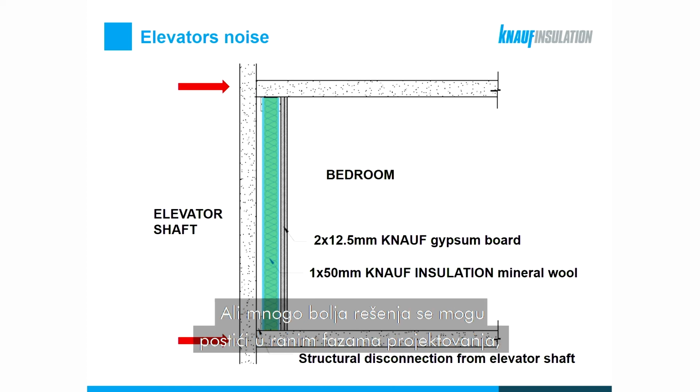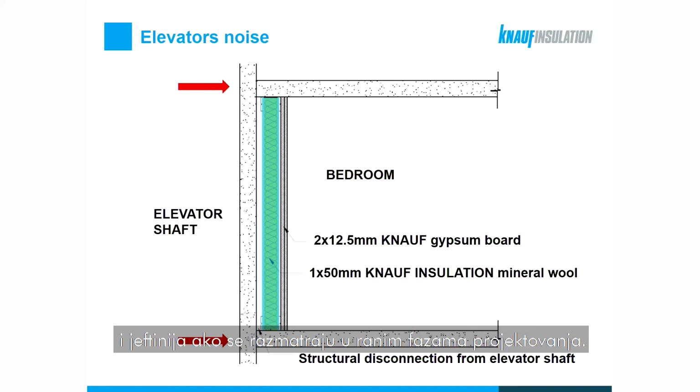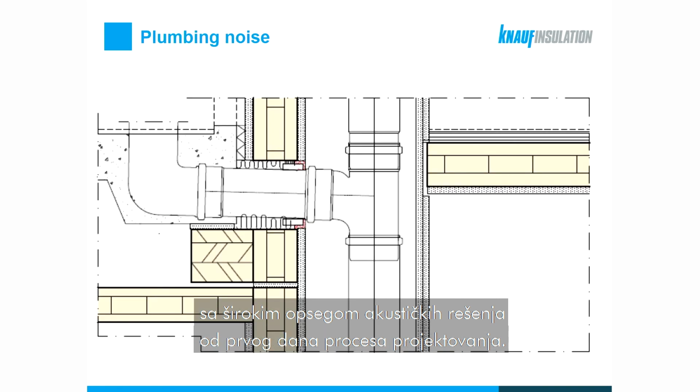But better solutions can be done in the early design stages. And that's a very important message, that acoustic solutions are much easier to implement and much cheaper if they are considered in the early design stages. That's why for every architect, it's important to have a strong partner, a strong technical team with a wide range of acoustic solutions from day one of your design process.